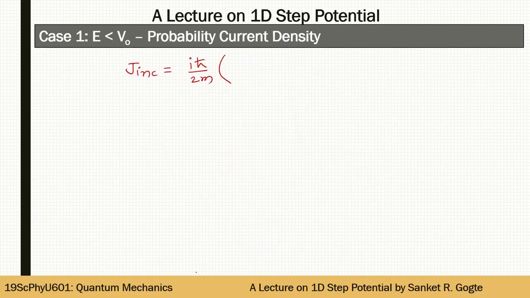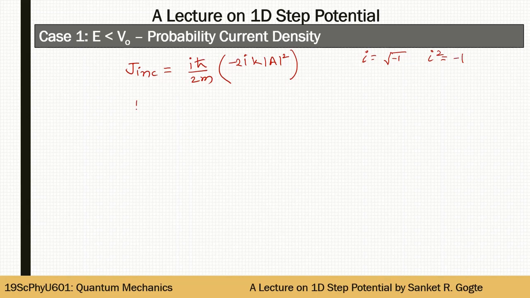So it is therefore minus of 2k mod a square, and of course there is one iota i. So what we have is minus i square, and remember i is the imaginary number square root of minus 1, therefore i square is equal to minus 1.